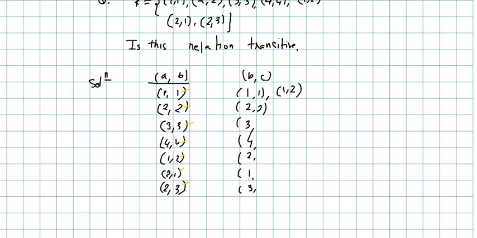What else is there? (2, 1) is there. What else? (2, 3) is there. So keep some space for this side. Then you come to 3, so (3, 3) is only there, (4, 4) is only there, then (2, 1): what other is starting with 2? (2, 2) is there. What other relation is starting with 2? (2, 3) is there.